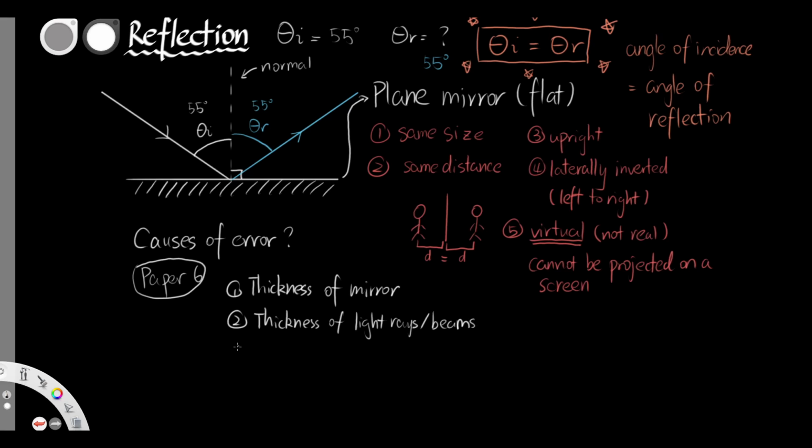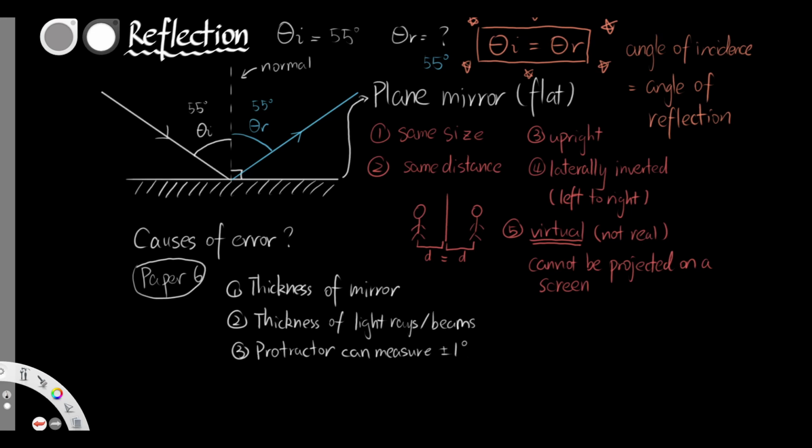Another very important thing to consider is the accuracy of your protractor itself. The protractor we usually use in class can only measure plus or minus 1 degree. If you look at your protractor right now, it can only show a difference of at most 1 degree. It cannot tell you to the very exact, let's say 0.1 or 0.01 degrees.